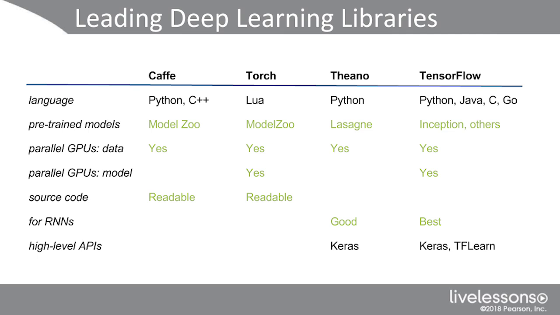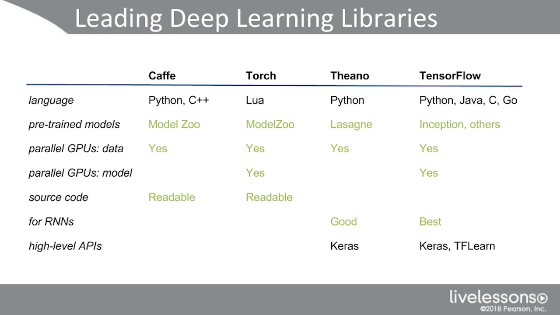Pre-trained models are most readily available in Caffe or Torch. If you wanted to use a deep network that's already configured on millions of images like the ImageNet data, on a very deep network that would have taken weeks to train, and you just want to retrain, say, the top layer to your own images, Caffe can be a very good place for that.